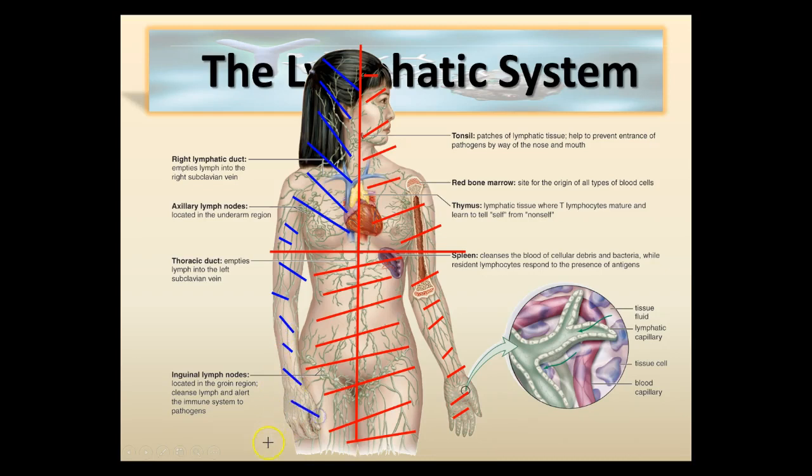So all the lymph from the right arm and the right chest and head area is going to drain back into the right subclavian vein via the right lymphatic duct. Everything else above the diaphragm on the left side of the body, and the entire body below the diaphragm, is going to be drained by the thoracic duct.